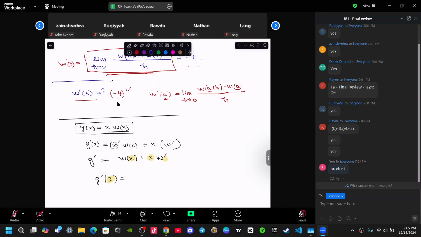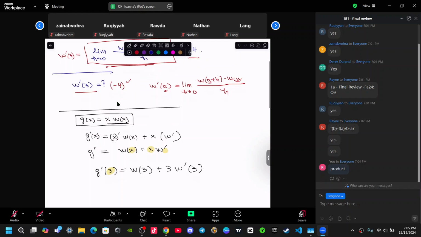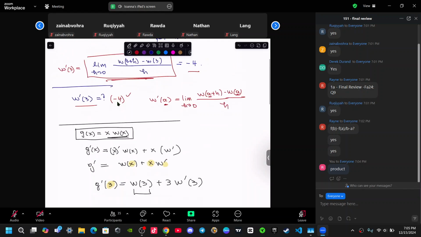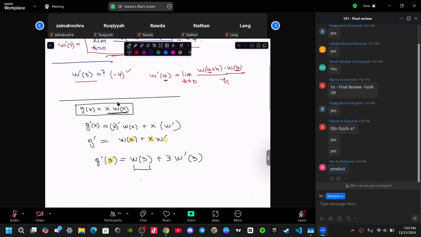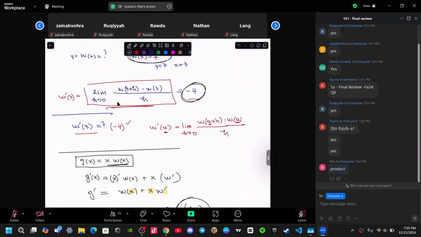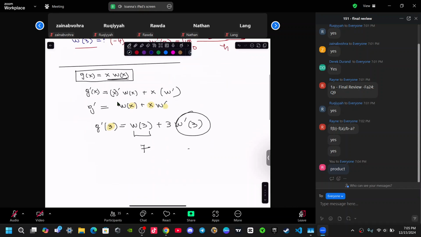Okay, so the derivative is W of 3 plus 3 W prime at 3. W of 3 is given to you, this number, 7. W prime at 3 is this number, negative 4. And then you have a plus 3. So that's the answer, whatever that is. Again, don't simplify.